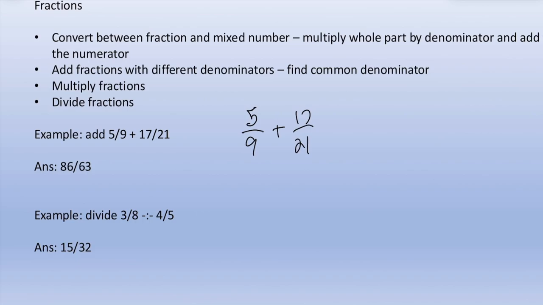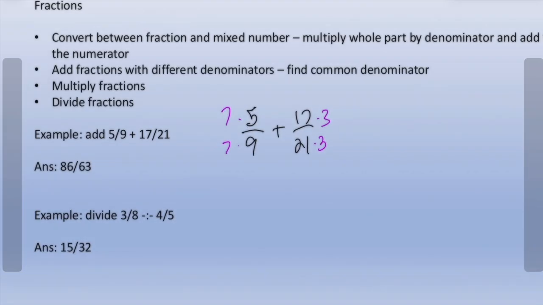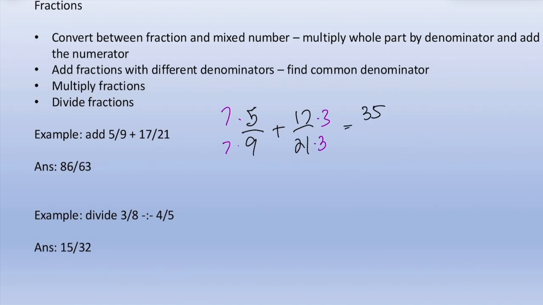To change 9 into 63, we're going to multiply by 7 on top and bottom. To change 21 into 63, we need to multiply by 3, so we're going to multiply by 3 on top and bottom. We get 35 over 63, and then 3 times 17 is 51 over 63. What's great about that is you've done the hard work. We keep the 63, we add the tops. 35 plus 51 is 86. And that's your answer.